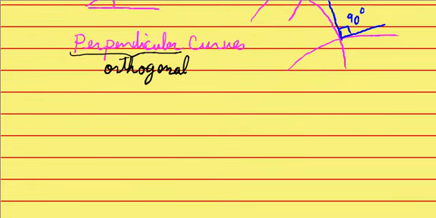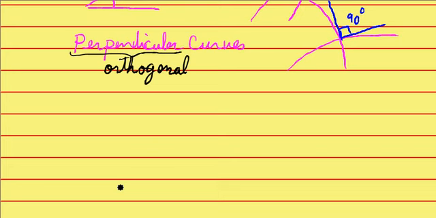Now something interesting happens in many physical phenomena, which is you get a whole group of curves and another group of curves with the property that each of the first group is perpendicular to each of the second one.